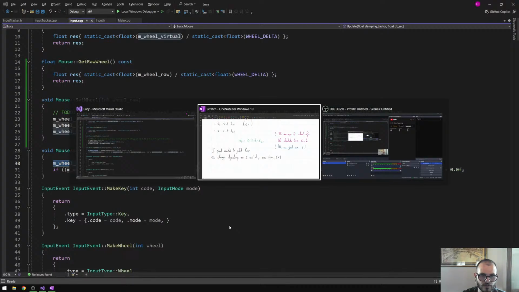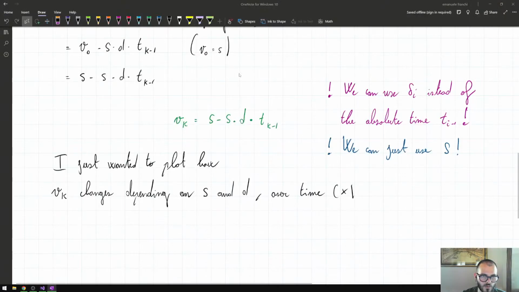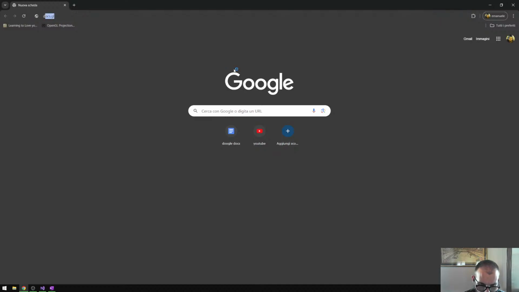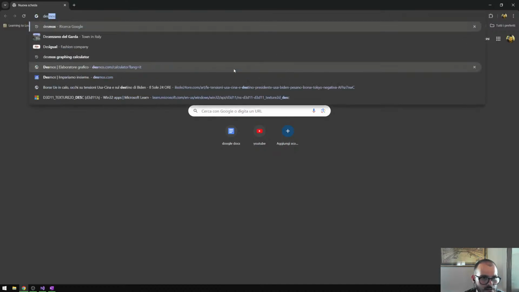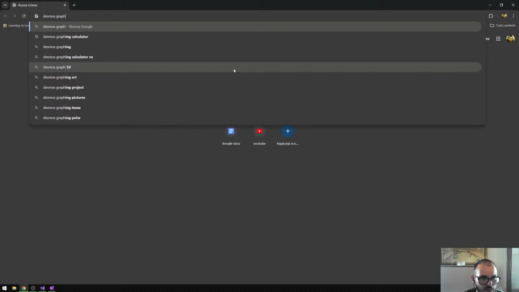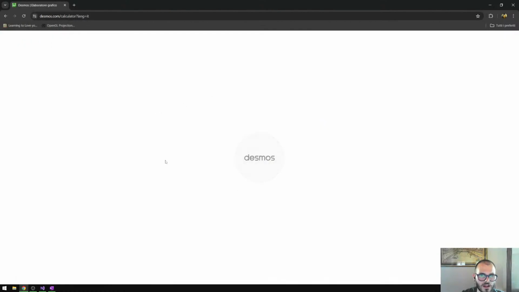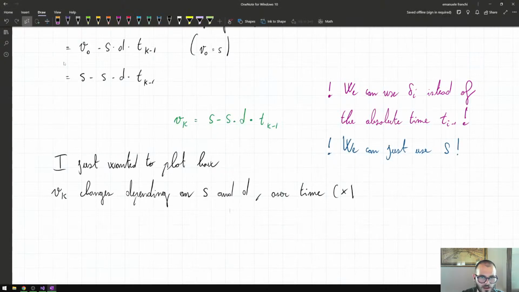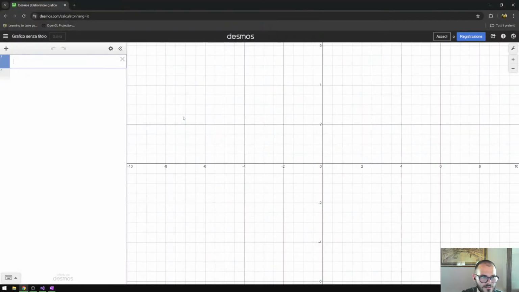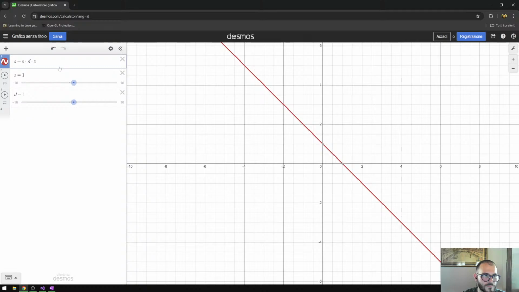So the idea is that now I can just use the Desmos graphing calculator and say, our wheel is just the start minus the start times the damping factor times our current time value.